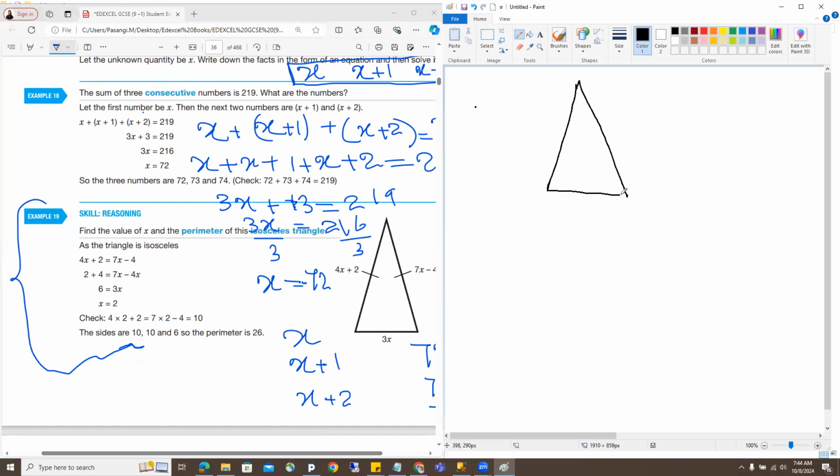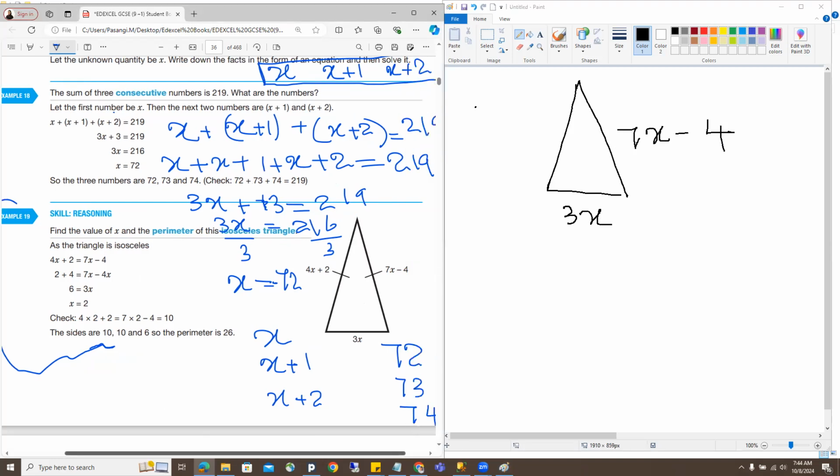Then we have the lengths of the three sides with respect to x. Here we have 3x. Here we have 7x minus 4. And then we have 4x plus 2.